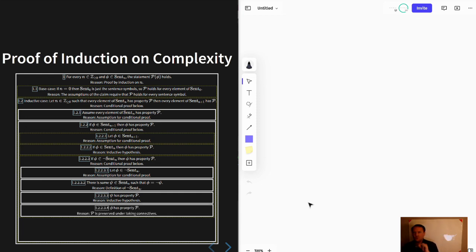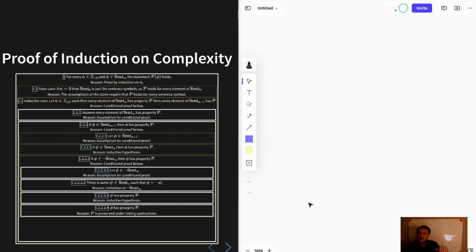Also, P was assumed to be preserved under taking connectives, and in particular, negation, as we have here. So, since psi has property P, and phi is negation psi, and P is preserved under taking negations, then phi has property P. And that's exactly what we wanted to prove this whole time, in this particular case of considering phi in negation sent n.